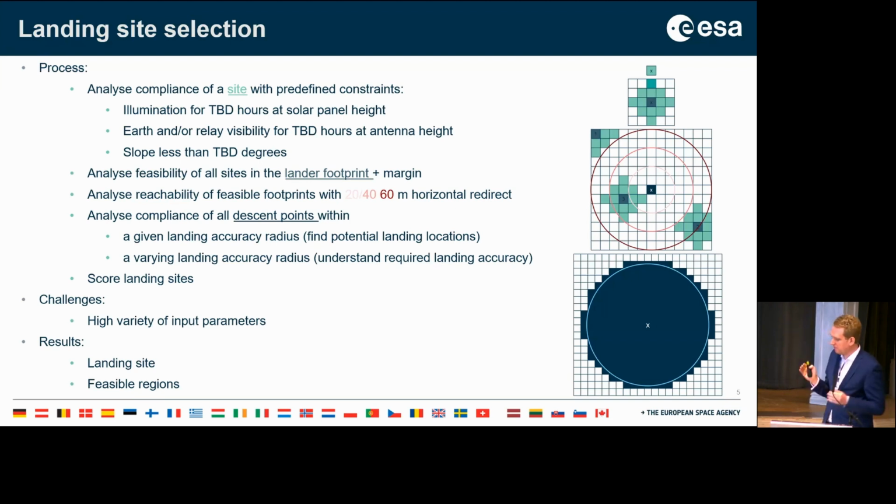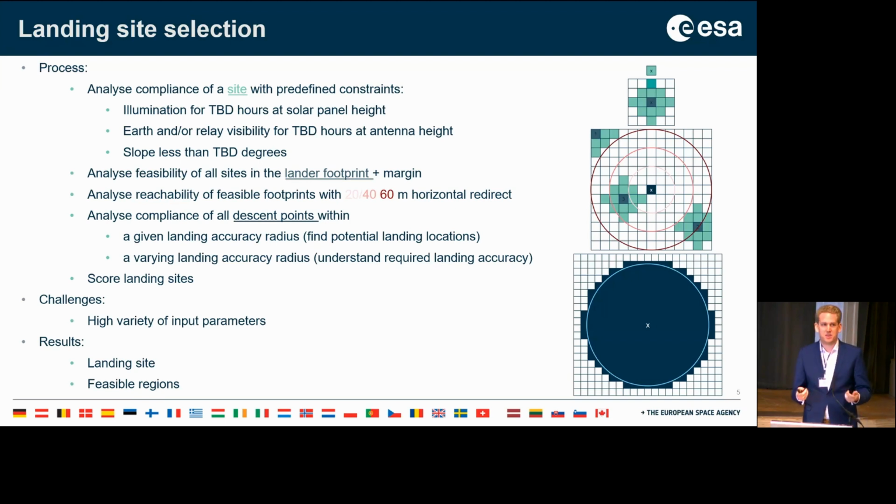So if we have the capability to redirect, in this case 40 meters is the medium one, then we could reach this feasible footprint from our center. And this marks, and I hope you can still follow me, a feasible descent point. So if we come to a stop at this specific point, we would be able to touch down at the feasible footprint because we can reach it. If we do this again for all the points, then we get a large area of feasible descent points.